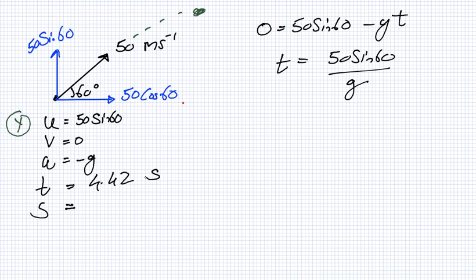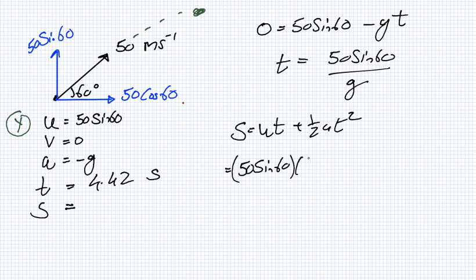And then now for the s, we'll go with s equals ut plus a half at squared. So let me see, that is 50 sine 60 times 4.42 minus 4.905, that's a half g, and then t squared.